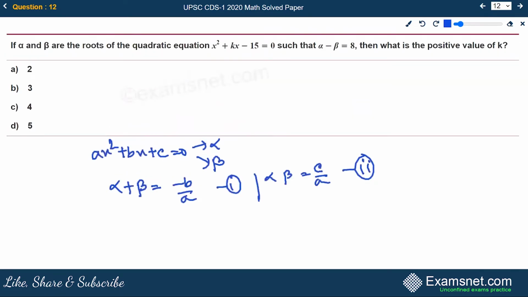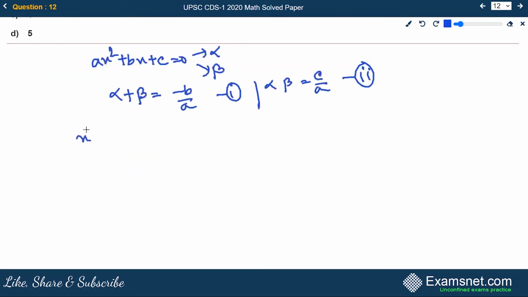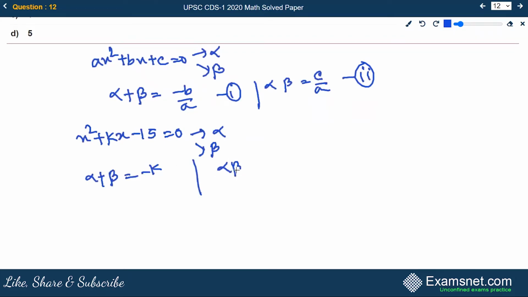So now here the quadratic equation is given, x square plus kx minus 15 equals to 0, and its two roots alpha and beta. So I can further write alpha plus beta equals to minus k and alpha beta equals to minus 15.